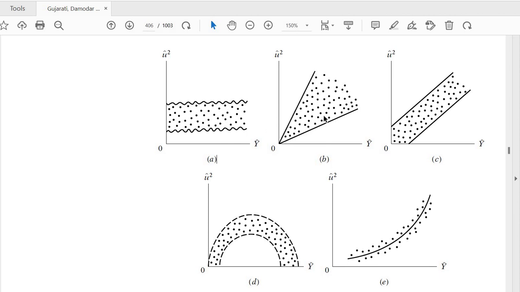Whereas in this case, whatever the number ui hat is taking, it is for sure that as y hat is increasing, ui hat is increasing. If you look at C, again the same is happening, but the pattern is different, that it is constantly increasing. So C is a linear one and B is somehow kind of non-linear. Whereas A is the situation where ui hat does not have any pattern with regard to y hat.